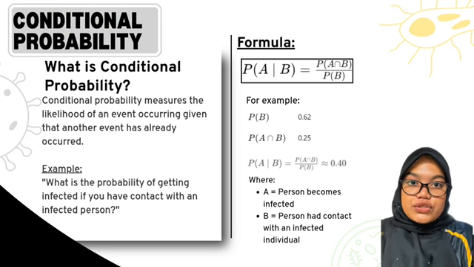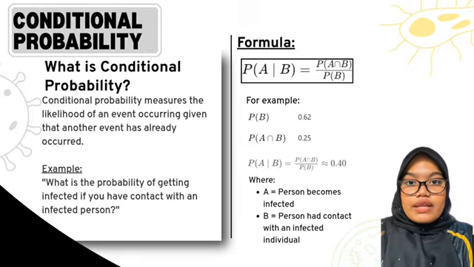Next, let's move on to conditional probability. Conditional probability is the probability of an event happening when another event has already occurred. For example, what is the probability of getting infected after having contact with an infected person?